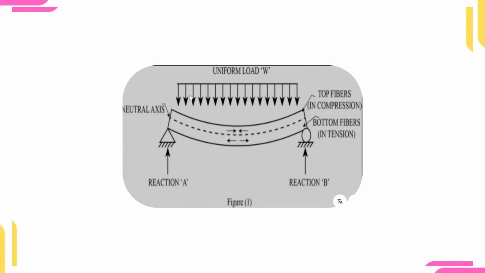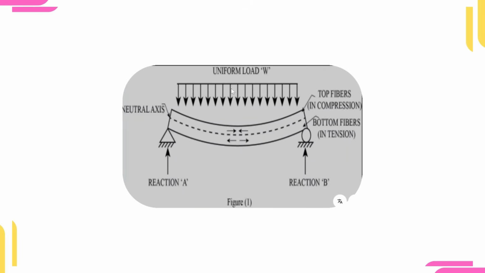reinforced. As we all know, if a uniform distributed load or even a point load is applied to a beam, that beam will be subjected to tension and also subjected to compression. Look at it, the bottom part will be subjected to tension, while the top part will be subjected to compression. What do we mean by tension? We mean by tension in the sense that it will be stretched apart, and compression in the sense that they will be coming together. And as we all know, concrete is very weak in tension.